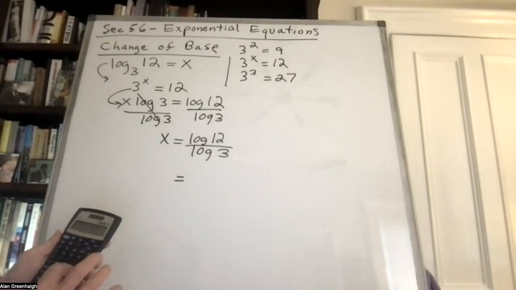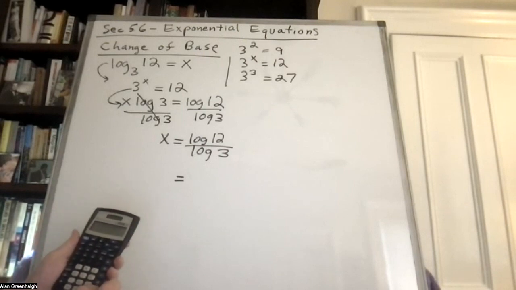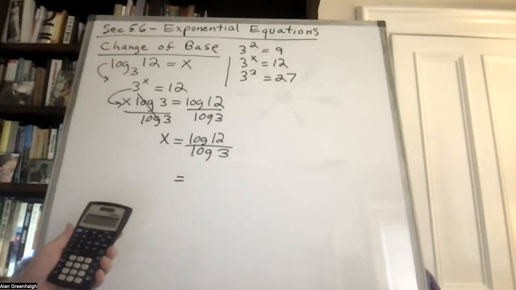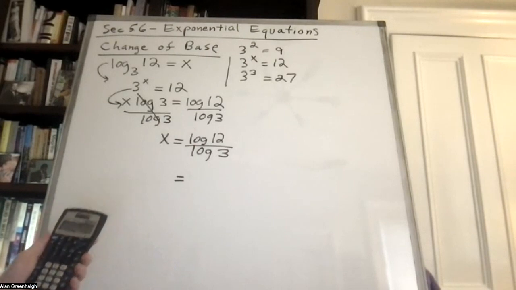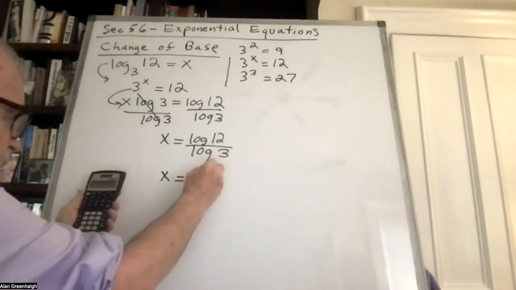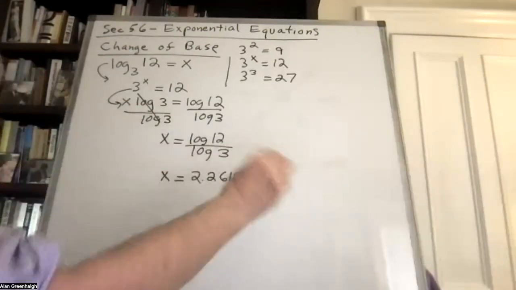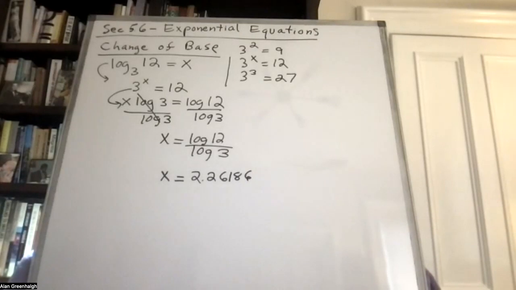Okay, divided by the log of 3. And press equals, and you wind up with x equals 2.26186, and it goes on and on. I mean, that's not what this is equal to.